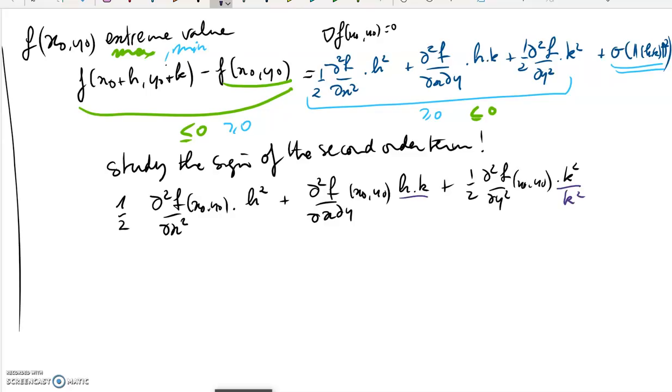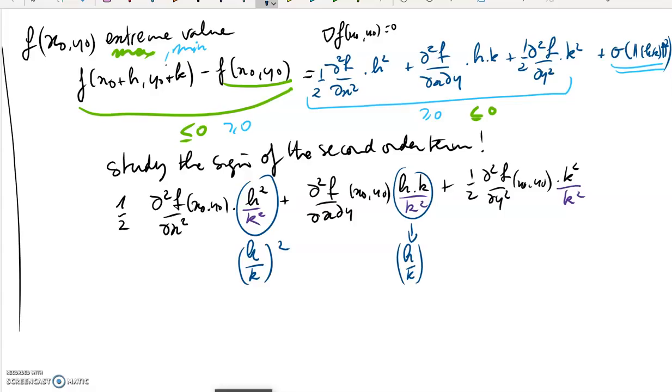Divide by k square, everywhere. Which means that I've now got here h over k to the square. This here becomes h over k, and this here becomes 1. So what do we have?